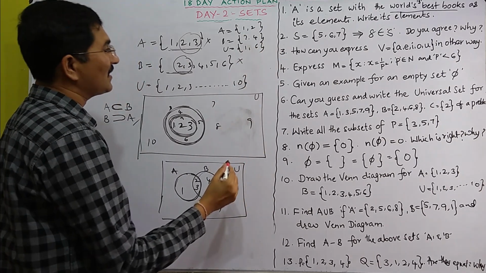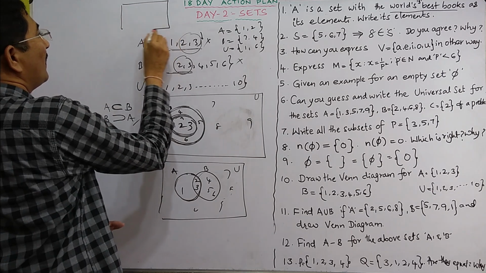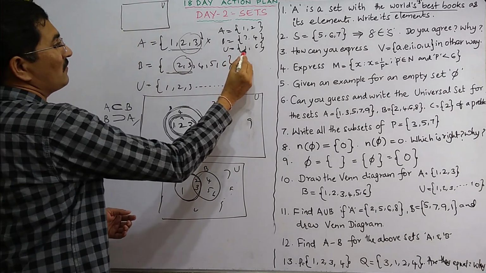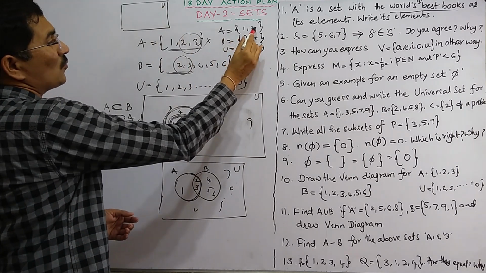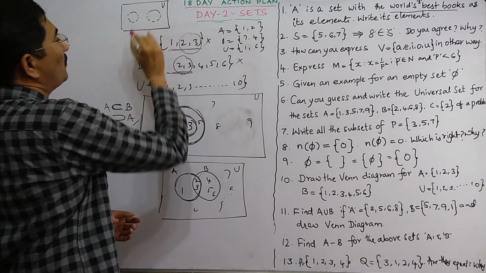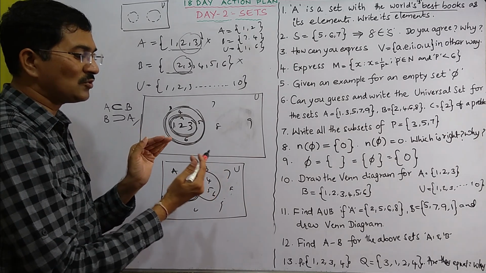Now what happens here? Let us see. You will draw a rectangle for the universal set which would have numbers from 1 to 6. Now A has 1, 2. Before drawing, we always imagine them as separate things first. If they have something in common, you join them a little bit.